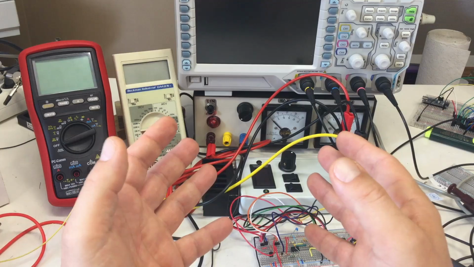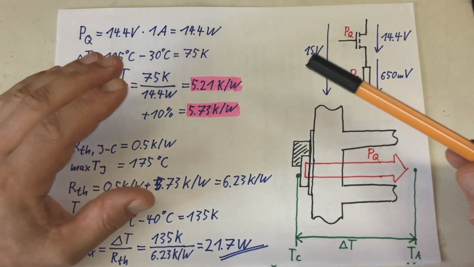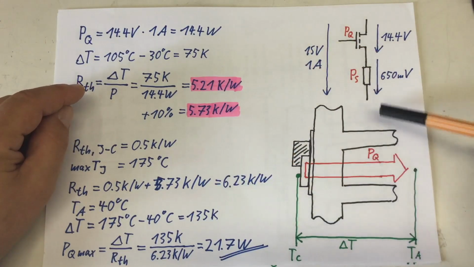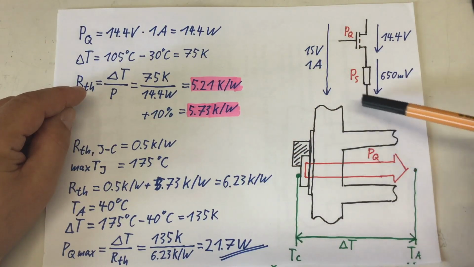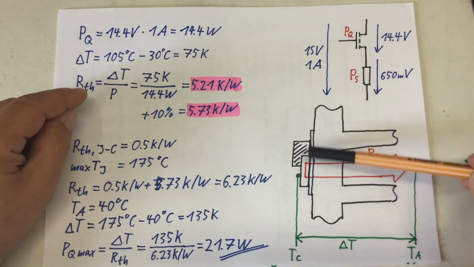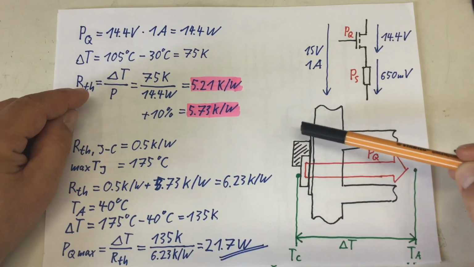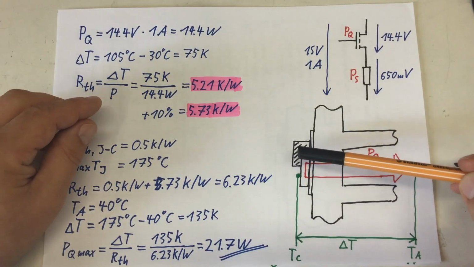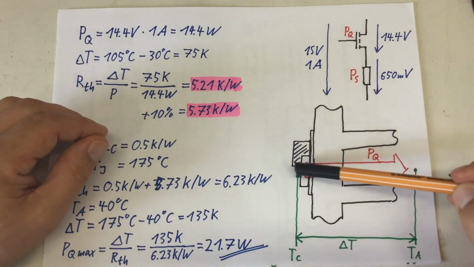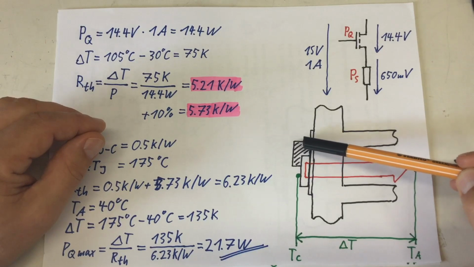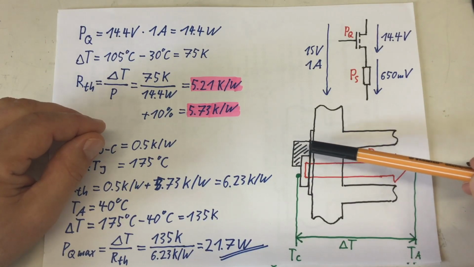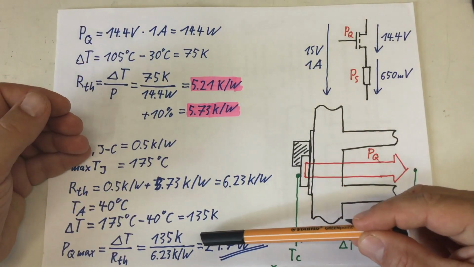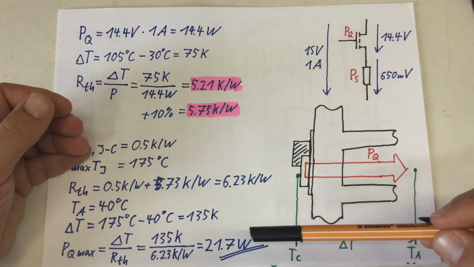Let's get started. So in part 5 I measured the performance of my heatsink in combination with the thermal pad below my TO220 case. And adding in the internal thermal resistance from the chip to the case, I came to a maximum power dissipation of 21.7 watts.